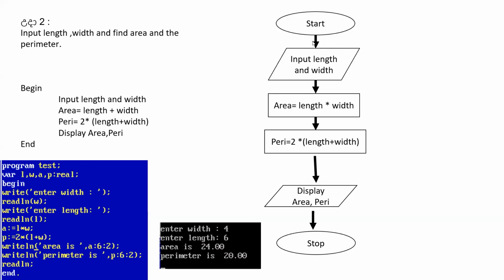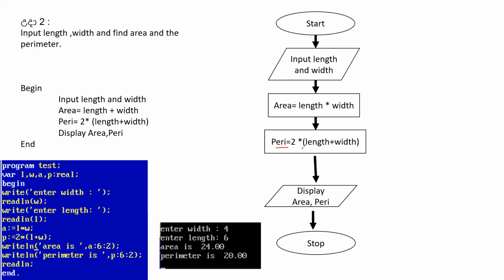Now here, input length and width, then area equals length multiplied by width. I have taken the word perimeter, peri, here, then 2 into length plus width, right? So I am using two different process boxes to do these calculations.